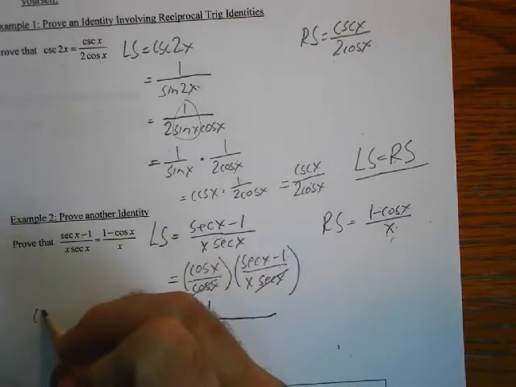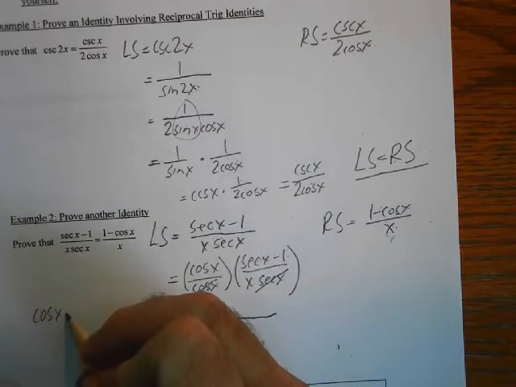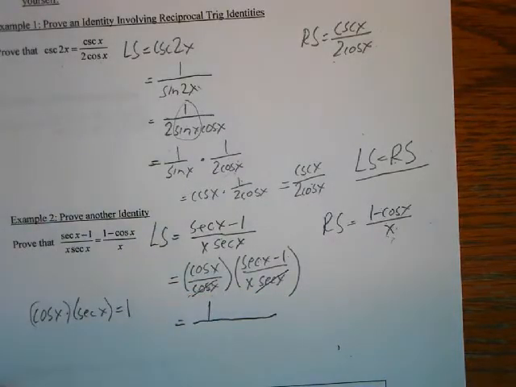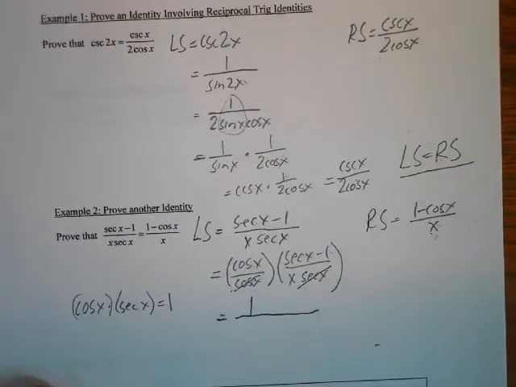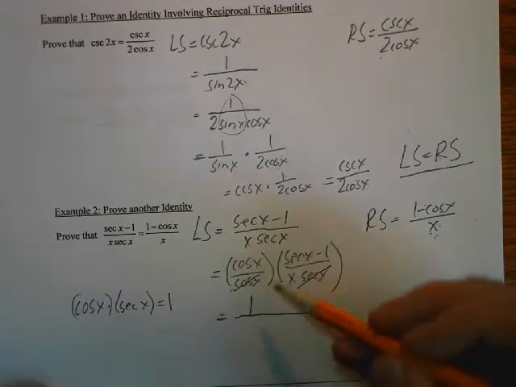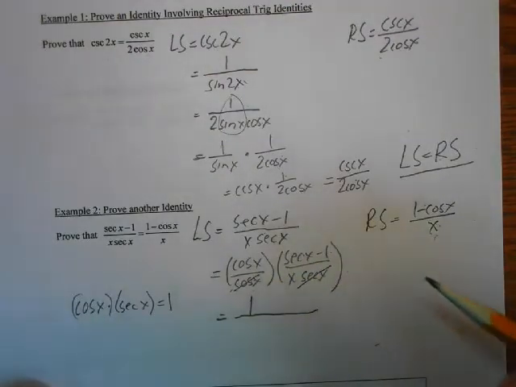I'll just put this over here, cos x times secant x is equal to 1. So that's not an identity that we have on our page, but that's basically, if you multiply one of the trig identities by its reciprocal, you will get 1. So we get a 1 from there.